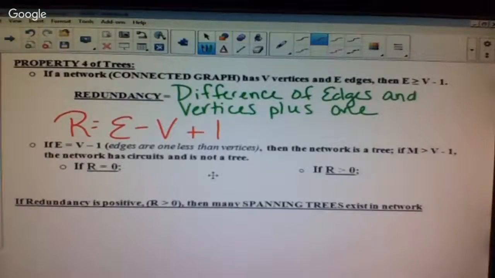If you use this formula to find redundancy, if you end up with a value of 0, that means I have a tree. Yay! If it's greater than 0, it's not a tree. You should never end up with a negative number. If you do, you did something wrong.